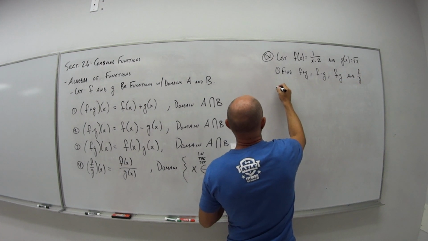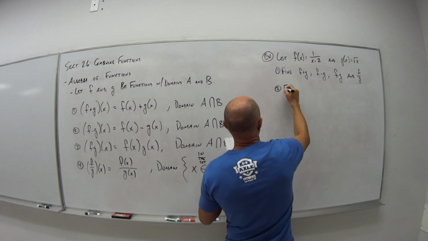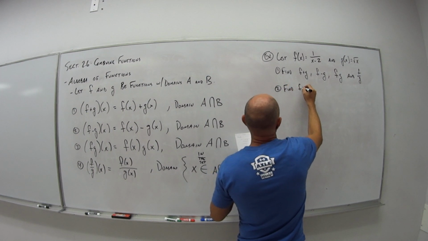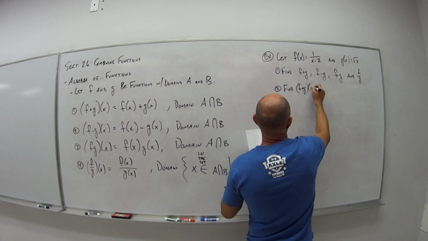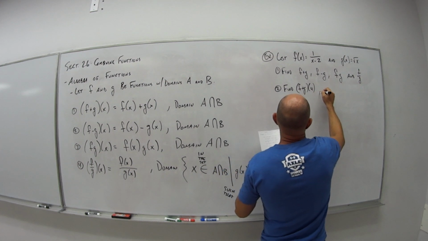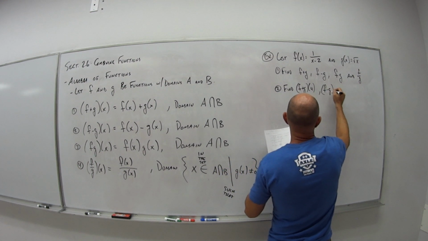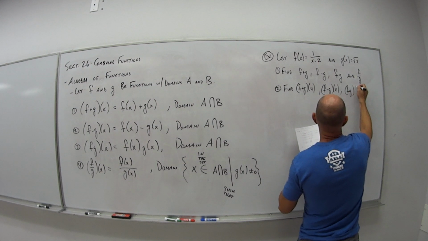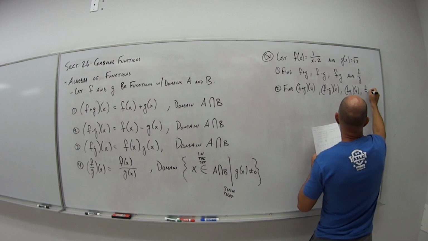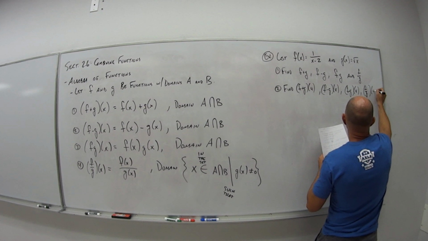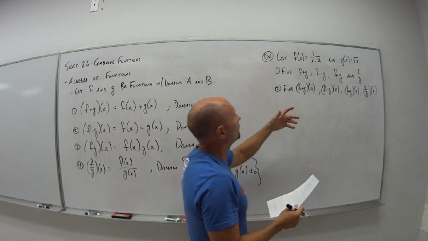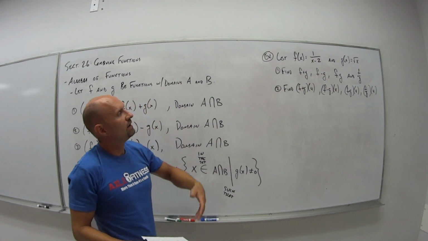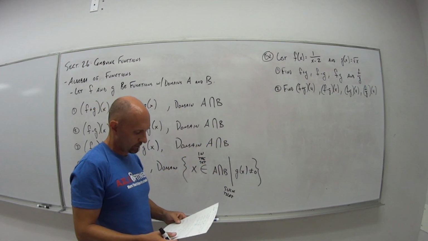And then we also want f plus g of 4, f minus g of 4, f times g of 4, and f divided by g of 4. So this just means, once we find what these functions are, we just plug in 4 for our value of x.